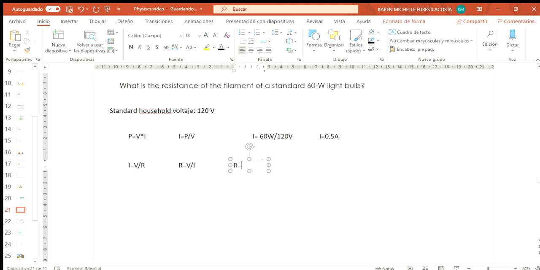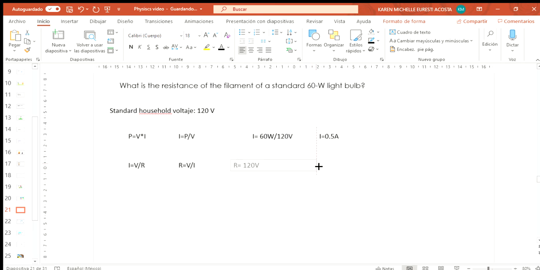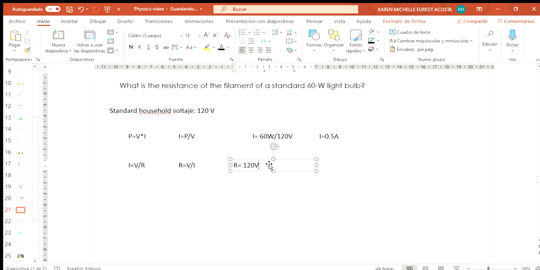R is equal to 120 volts divided by 0.5 amps.